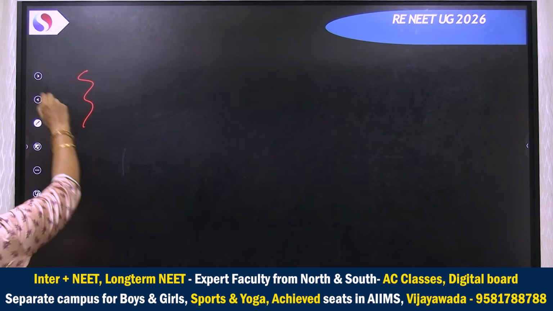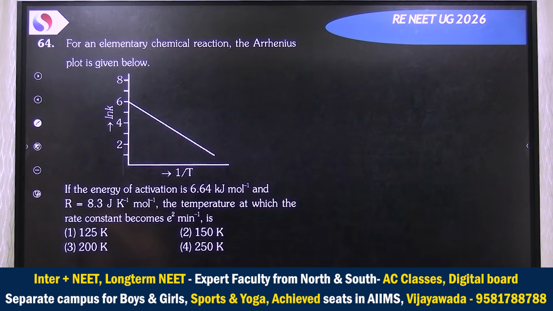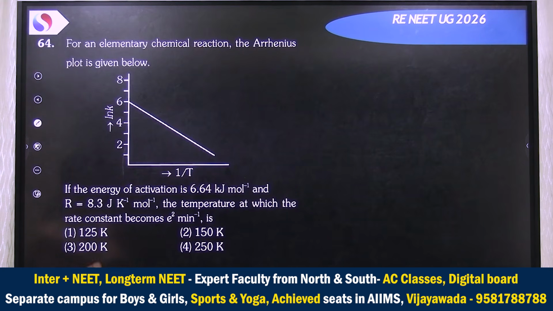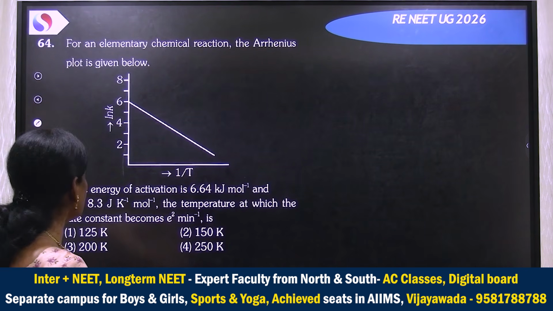Next. For an elementary chemical reaction, the Arrhenius plot is given below. If the energy of activation is 6.64 kilojoule per mole and R equals 8.3 joule per Kelvin per mole, the temperature at which the rate constant becomes e square per minute is.